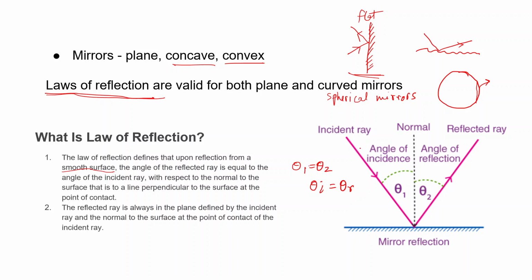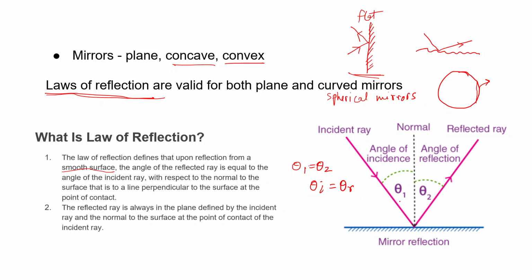It cannot form a cone. I think in the lecture you would have seen, I cannot explain in 3D here, but what it means is that all of this is in the same plane.